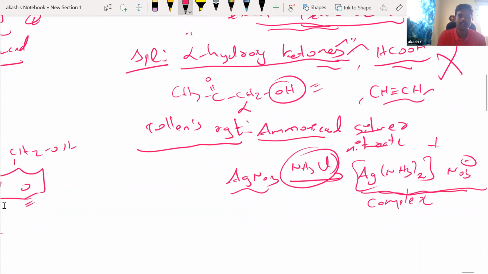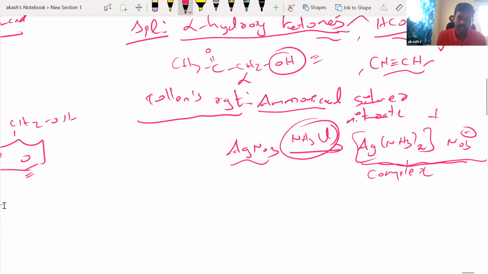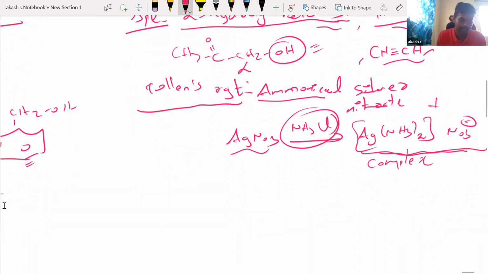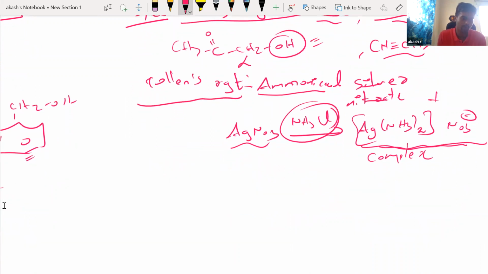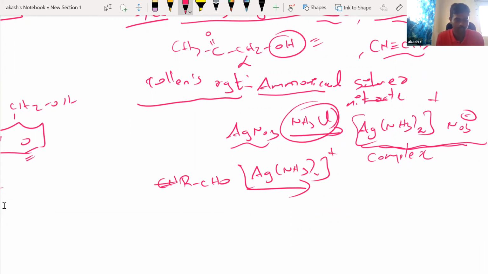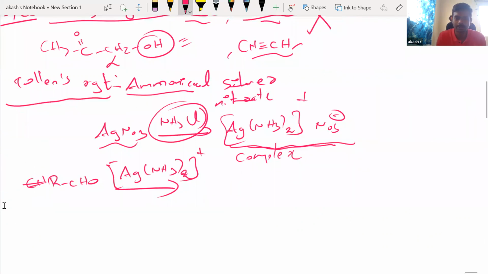Now what is going to happen? Say I have an aldehyde, RCHO, any aldehyde for that matter, and we take Ag(NH3)2 plus and NO3 minus. You don't have to mention the nitrate, no issues. So this is your Tollens reagent. What you have to understand is that Tollens reagent, ammoniacal silver nitrate, is a mild oxidizing agent.